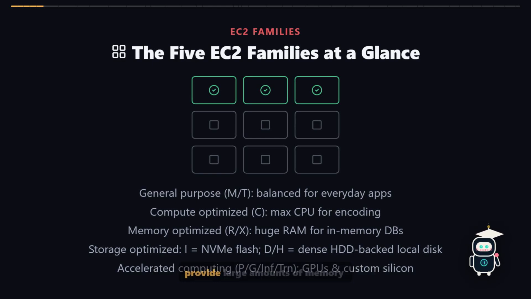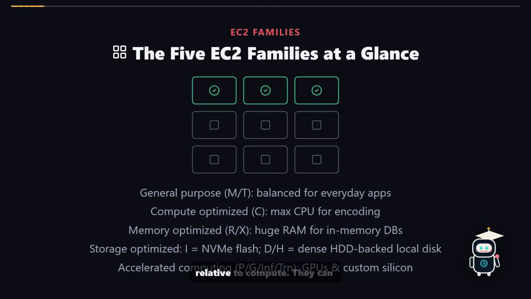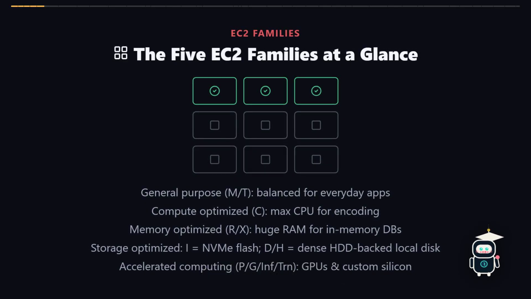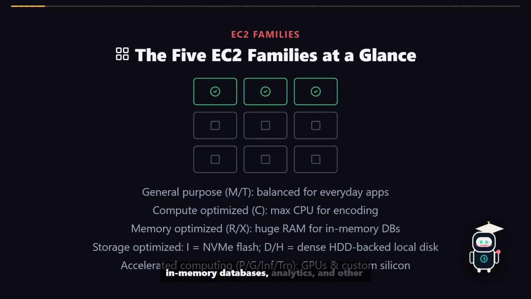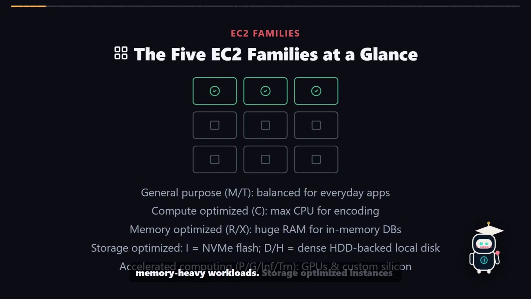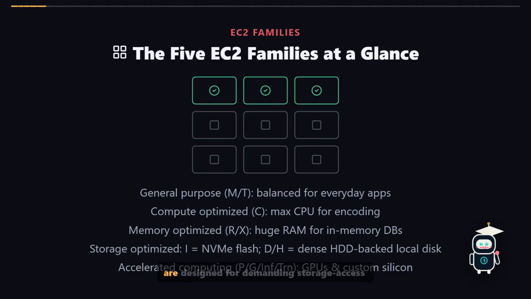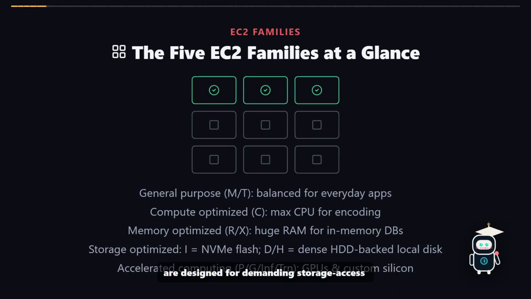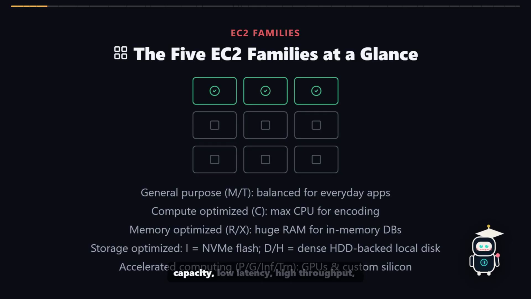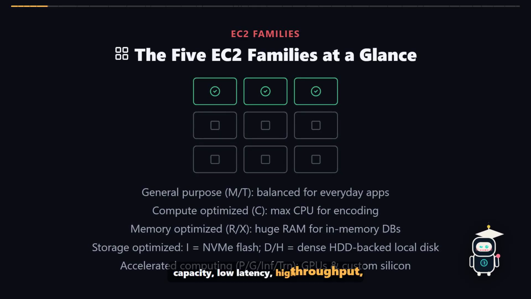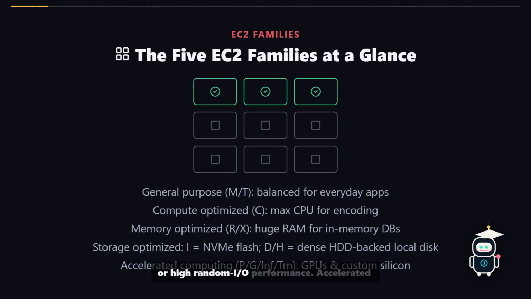Memory-optimized instances provide large amounts of memory relative to compute. They can be useful for large caches, in-memory databases, analytics, and other memory-heavy workloads. Storage-optimized instances are designed for demanding storage access patterns. Depending on the family, that can mean high local storage capacity, low latency, high throughput, or high random I/O performance.